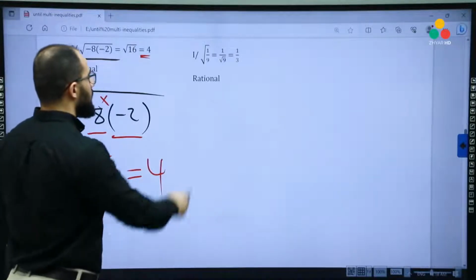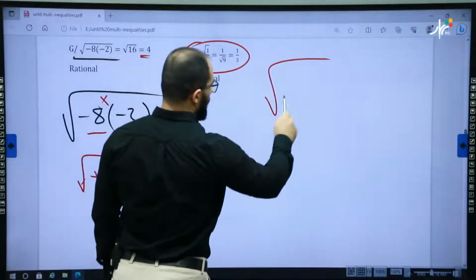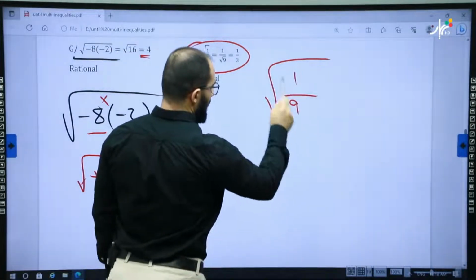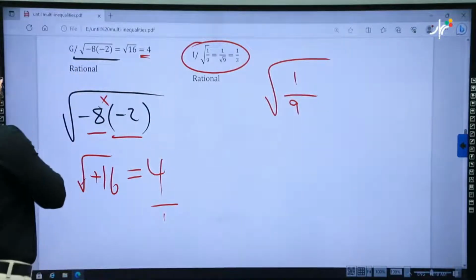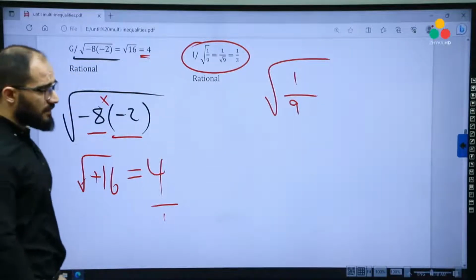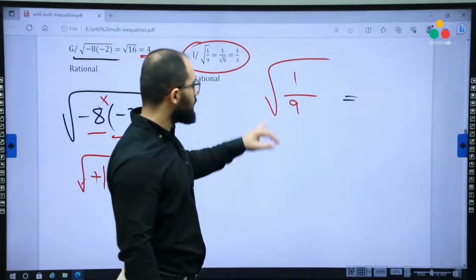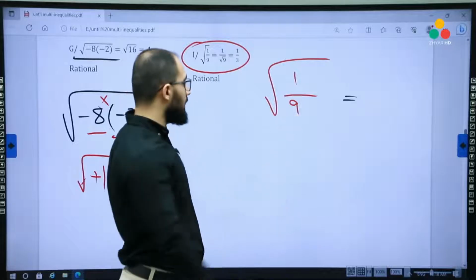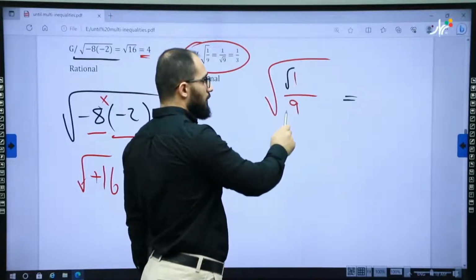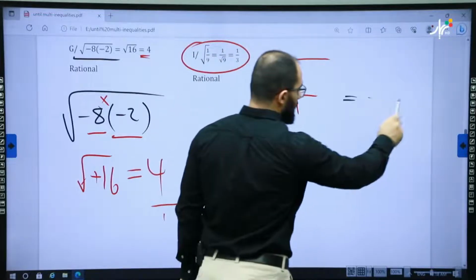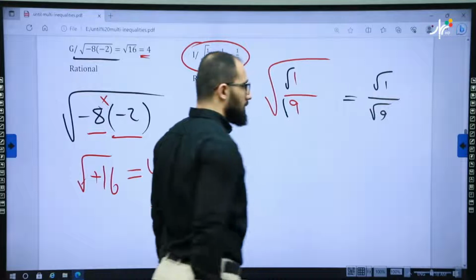And also example I, we have the square root of 1/9. Okay, how can we simplify it? Again, if you remember in the previous lessons, we said that if you have a square root for a fraction, we can distribute the square root to the numerator and the denominator. So we can write the square root of 1 and the square root of 9.